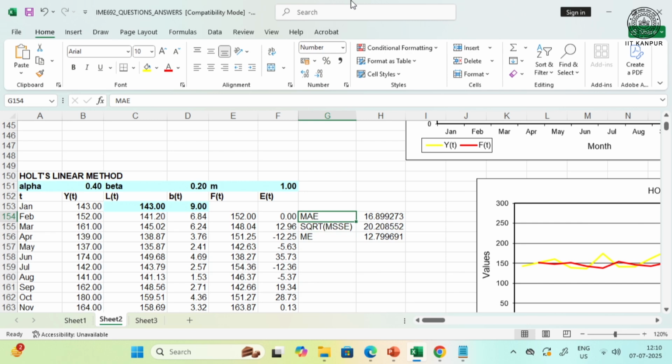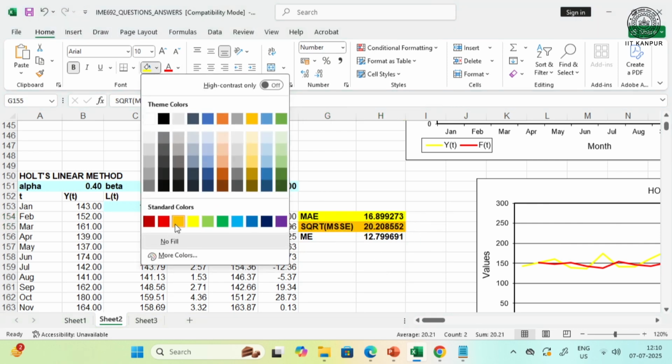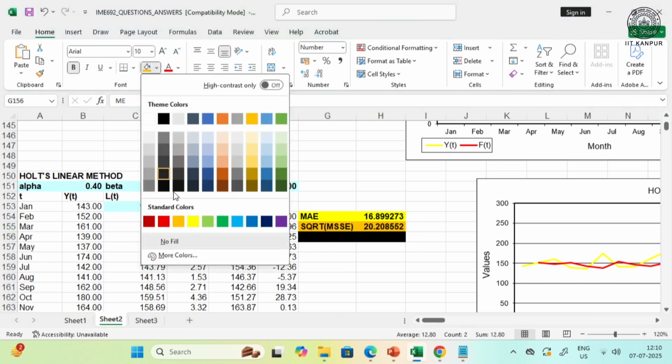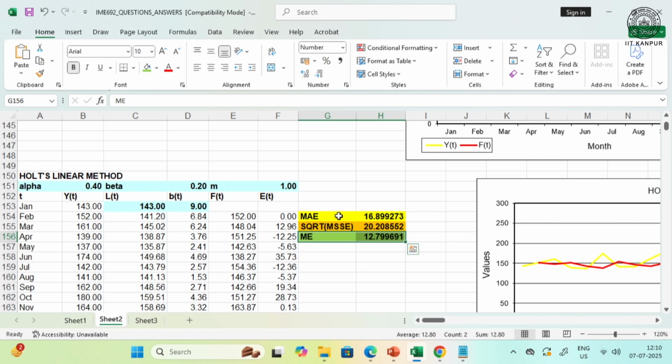So, I will highlight it in bold and make the first one, say for example, yellow, second one orange, and the third one light green. Mean absolute error, square root of the mean of the sum of the square of the errors, and mean error.